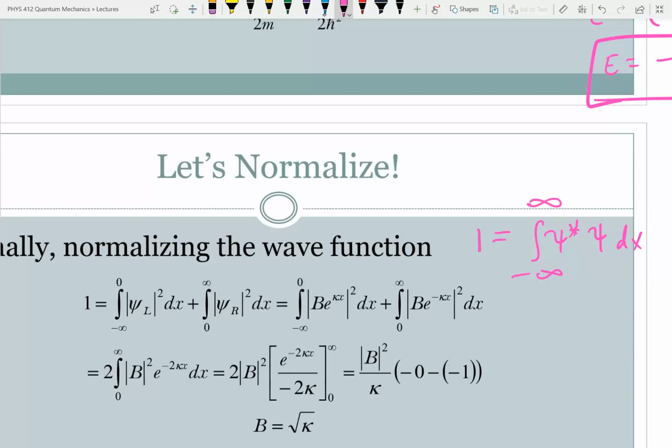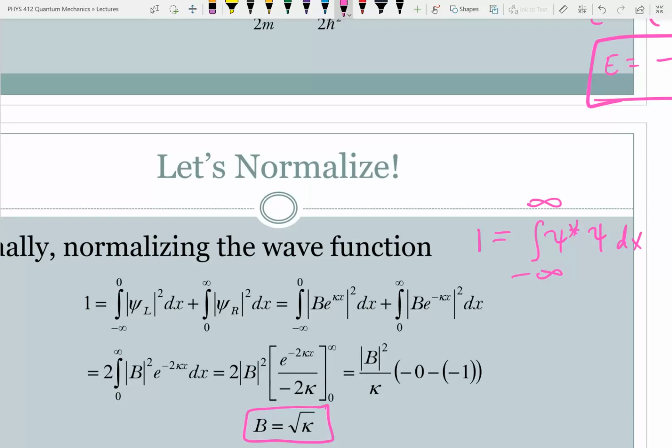And so it's just 2 times the integral from 0 to infinity of b mod squared e to the minus 2 kappa x. Well, the integral of e to the minus 2 kappa x is pretty simple. Divide by the derivative of the exponent, so divide by minus 2 kappa, put in our limits, and we have our normalization constant b is just the square root of kappa.